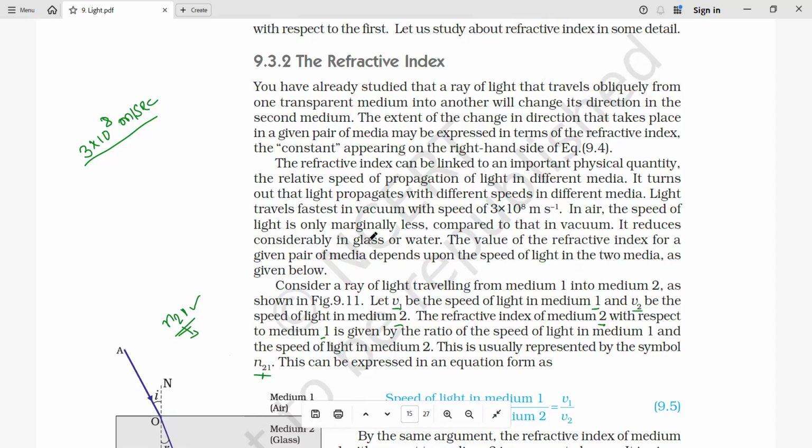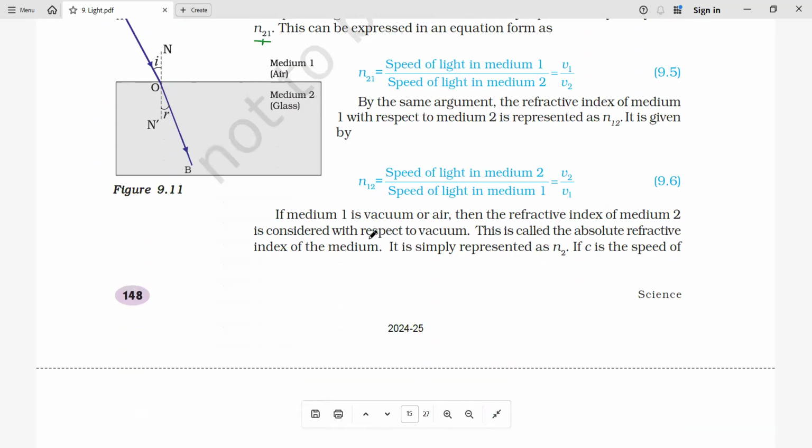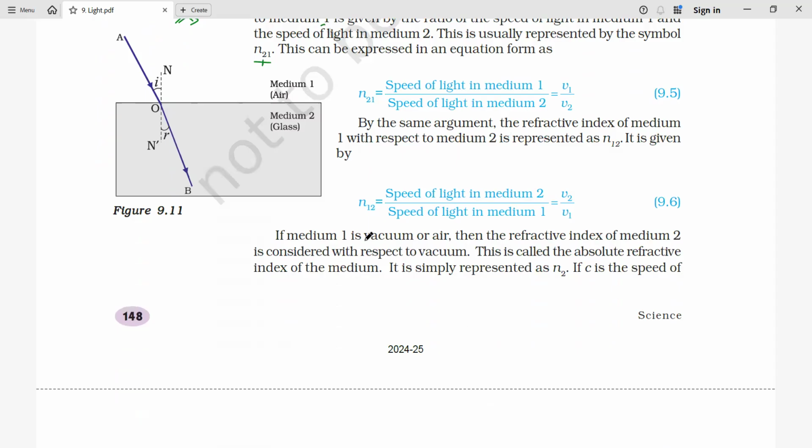So here it is V1 by V2, where V1 is the speed of light in medium 1 and V2 is the speed of light in medium 2.